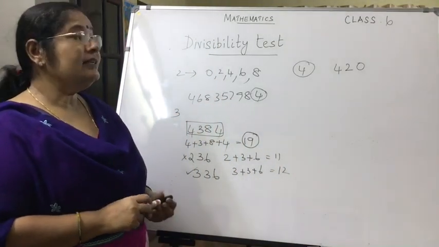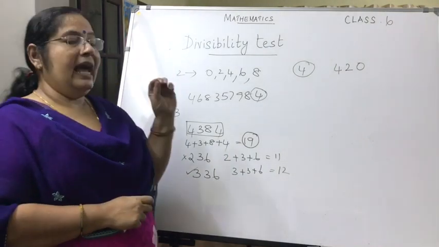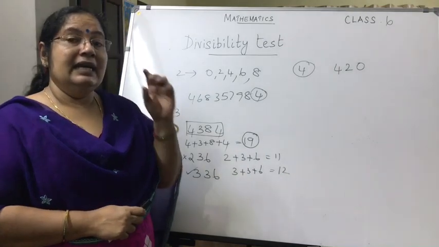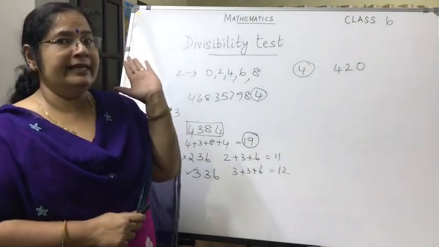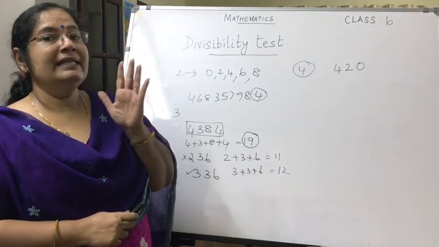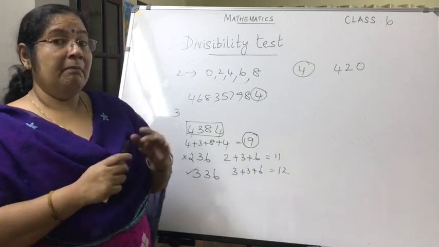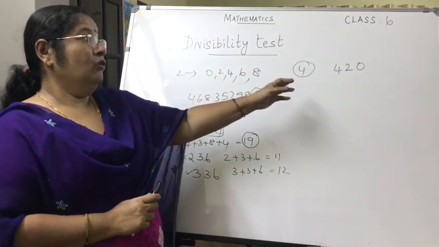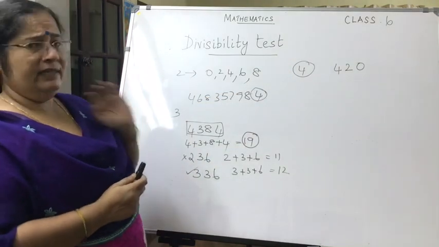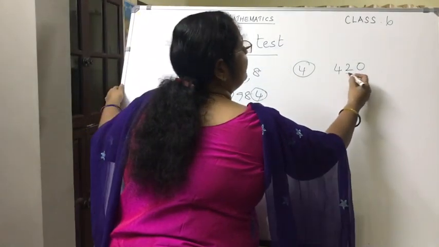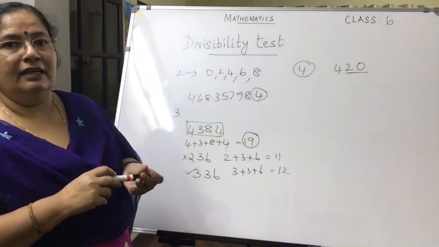Now, to find whether this is divisible by 4, you only have to look at the number formed by the last 2 digits, that is, units and tens place. The number formed, not the digits. The number formed out of the digits in which 2 places? The ones and tens place. So what is the number formed here? The number formed is 20.